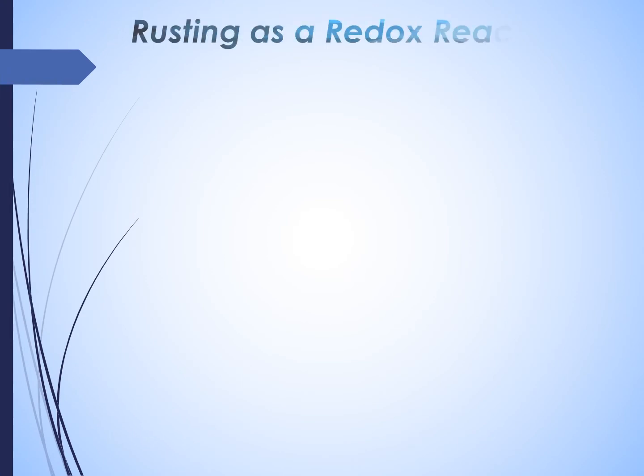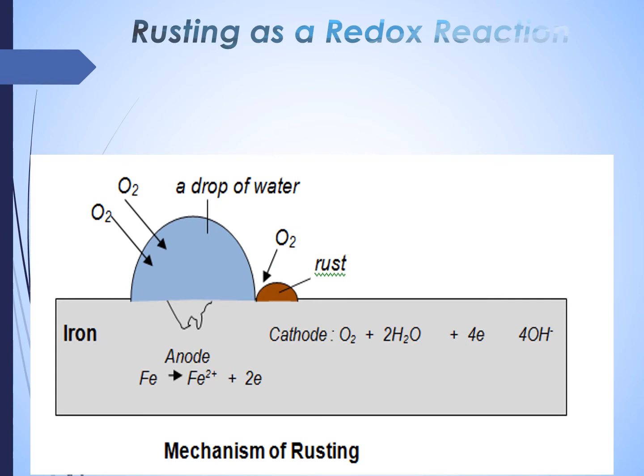Rusting as a redox reaction. Let's say there is an iron bar exposed to the air. We know that air contains water vapor. So what happens next is iron will donate its electron to form iron(II) ion.